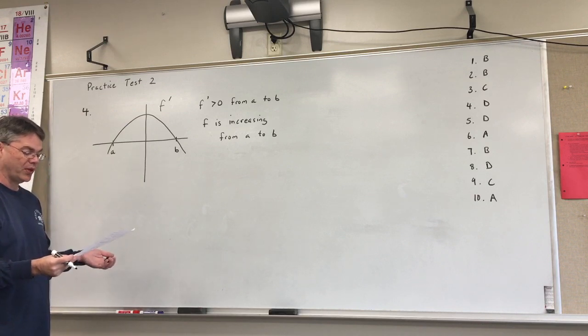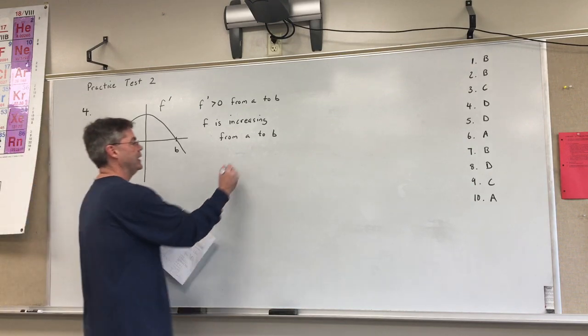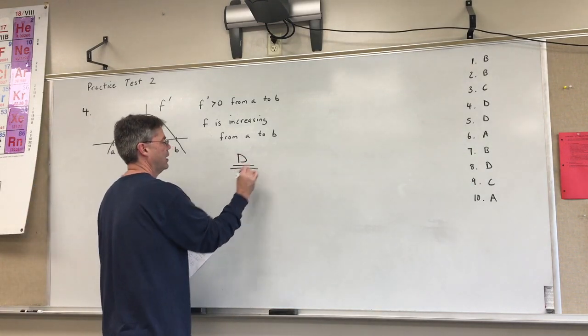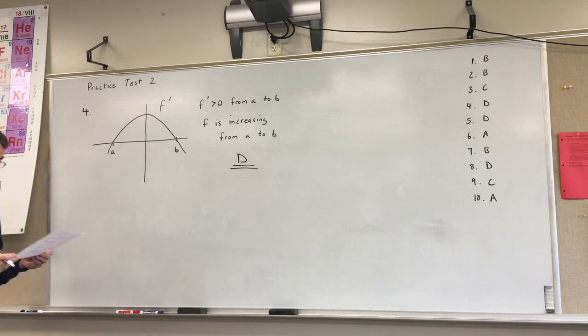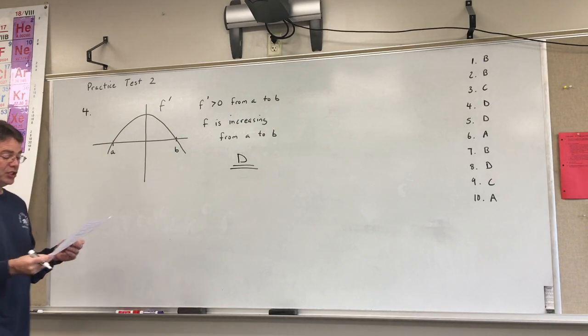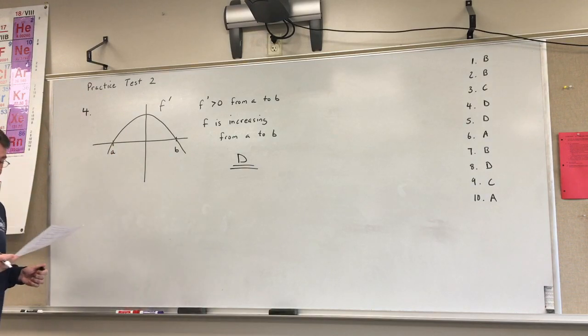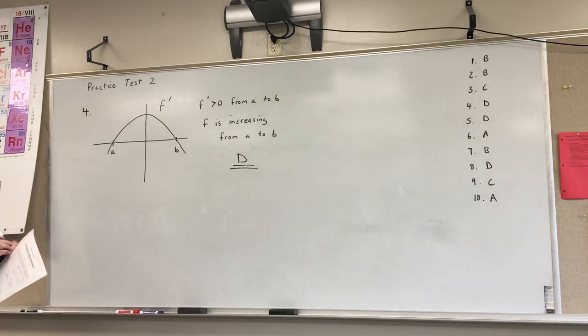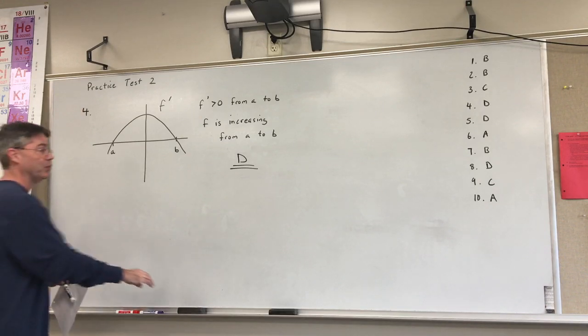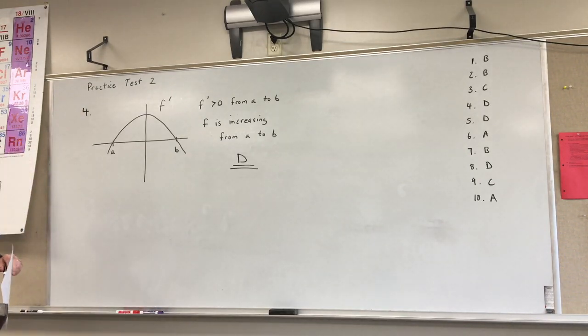And the only one where that is true is graph D. Okay, graph D, see how it's decreasing till it gets to A, and then it increases between A and B, and then it decreases after B, which is what this graph of the derivative is telling you. Okay, so that's one that if you know what you're doing, you can get really fast. Okay, I'll just pause just a second if you're still writing on that one.